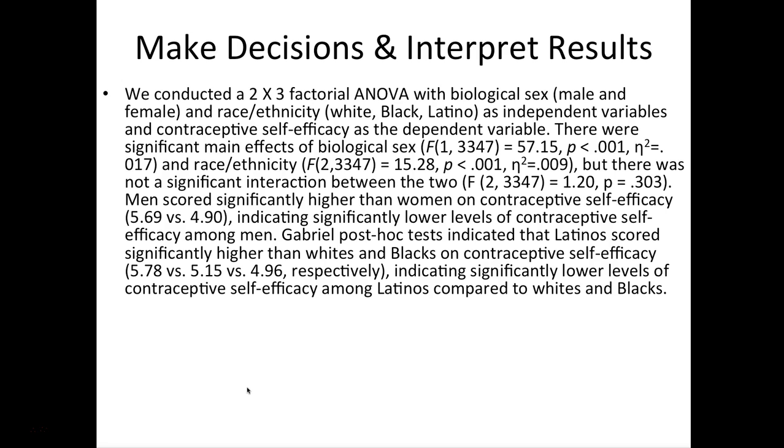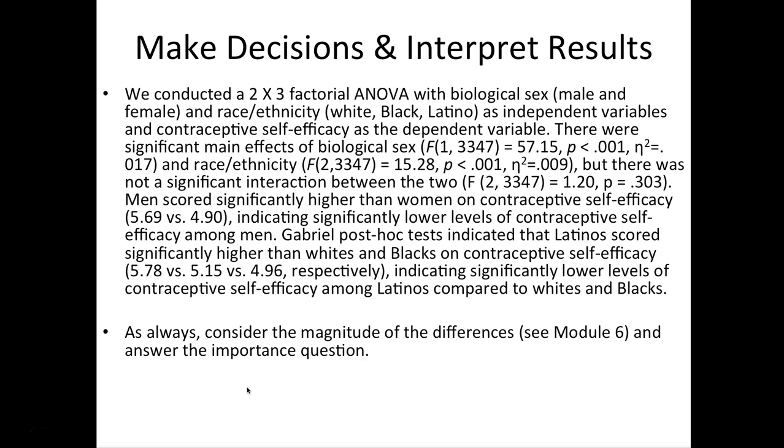Men scored significantly higher than women on contraceptive self-efficacy, indicating significantly lower levels of contraceptive self-efficacy among men. If we remember, that variable is flipped, right? So higher levels on that variable indicate lower contraceptive self-efficacy. Gabriel post-hoc test indicated that Latinos scored significantly higher than whites and Blacks on contraceptive self-efficacy, and we have the means in there, indicating significantly lower levels of contraceptive self-efficacy among Latinos compared to whites and Blacks.